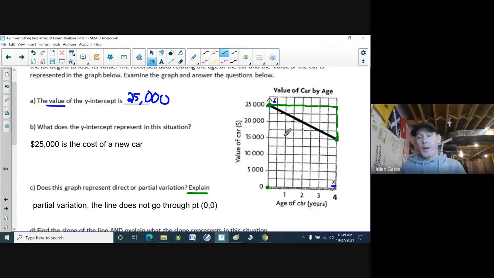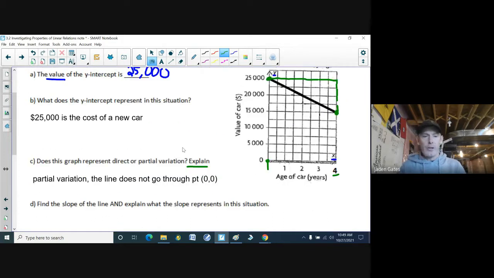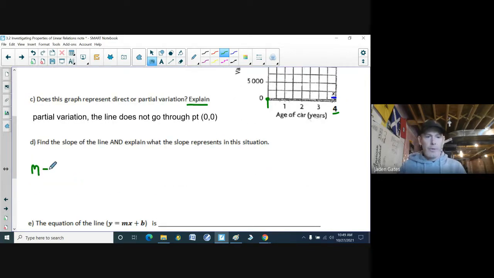Going down. Okay, we're going to have negative here. So I could count the spots, but again, that's not going to help me. What I'm going over from here is 0 years all the way over to, let's see here, 4 years. So I have moved right 4 years. So my slope, my run is 4 years.